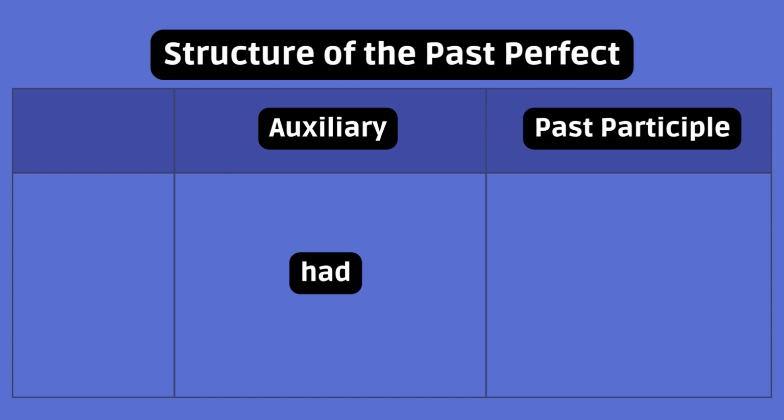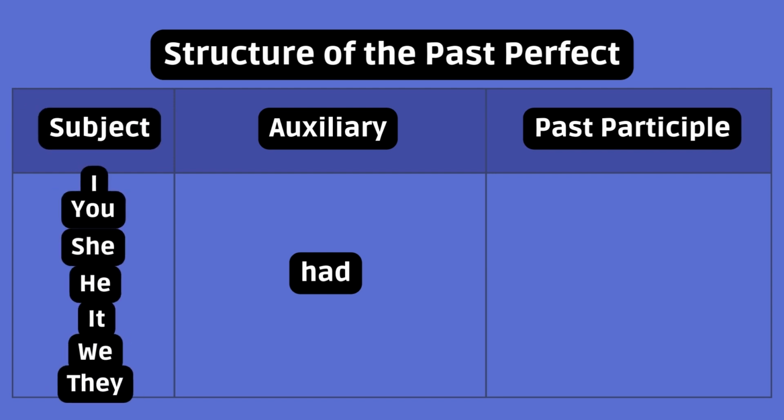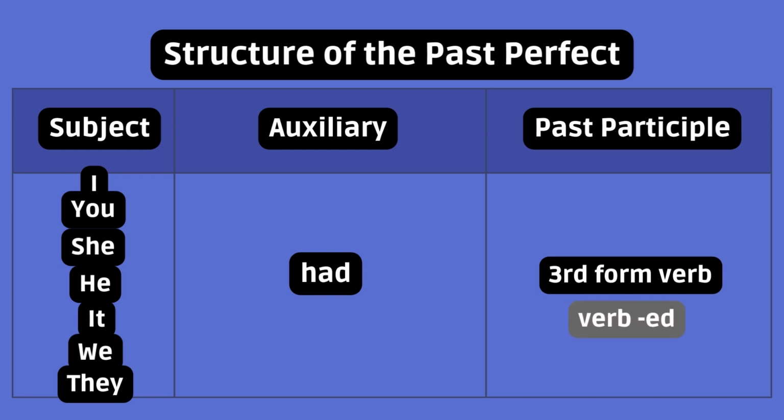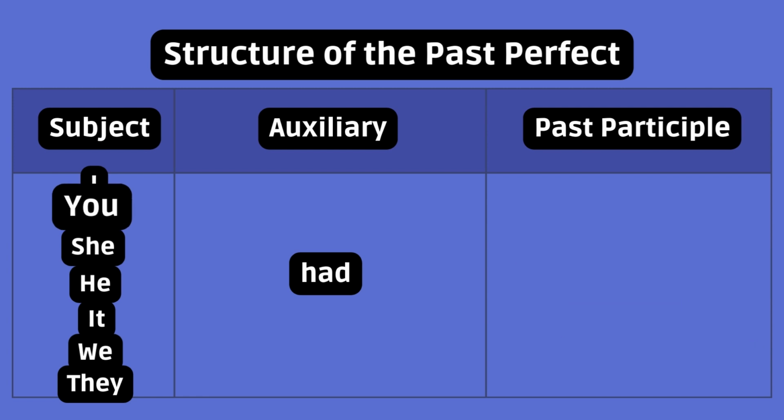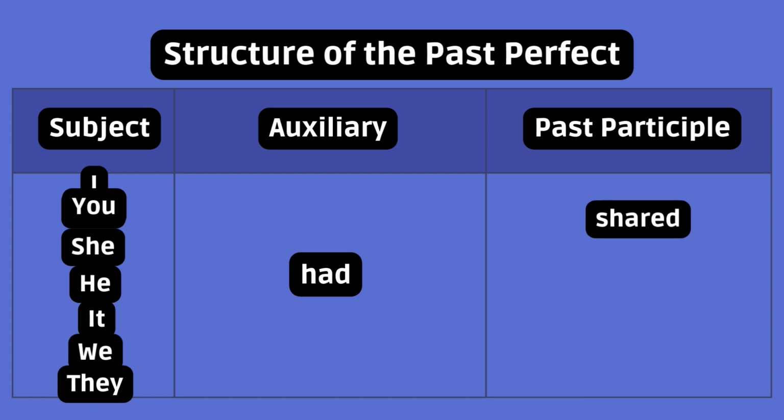Simply put, subject plus had plus third form of verbs. The third form comes in many flavors: ed ending for regular verbs, and a myriad of forms for irregular verbs. So it looks like this: you had shared, we had kept, they had taken.